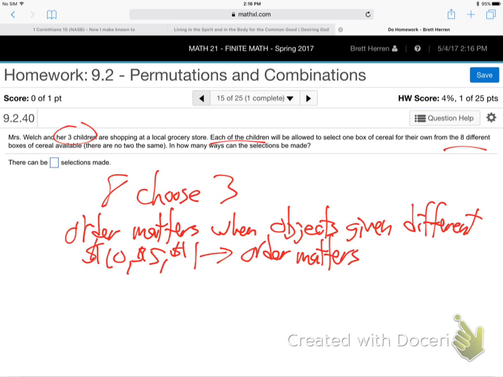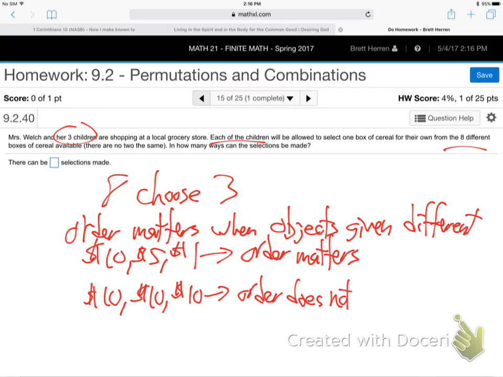You don't just care which 3. Josh would be like, well, was I first or was I third? Am I getting the 20 or the 10? Whereas if they were all 3 $10, then who cares? Order doesn't matter to anybody.